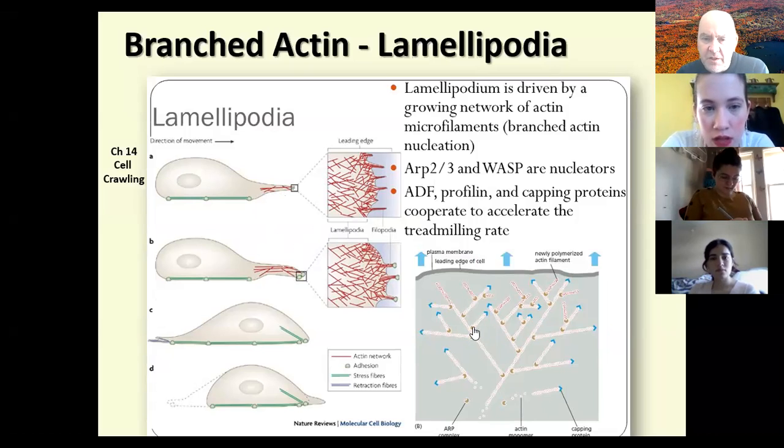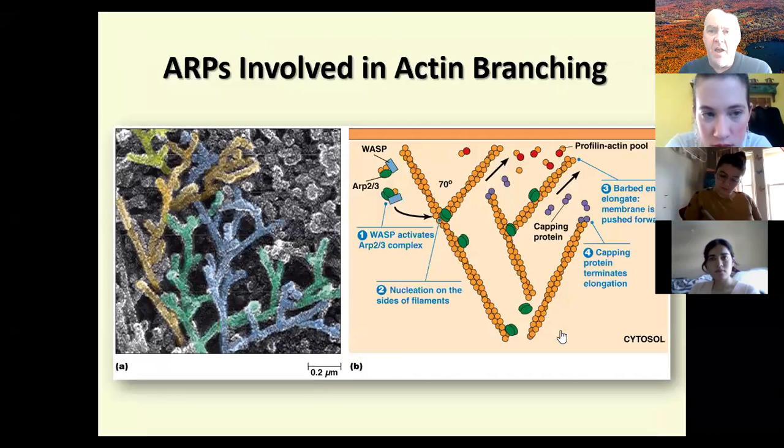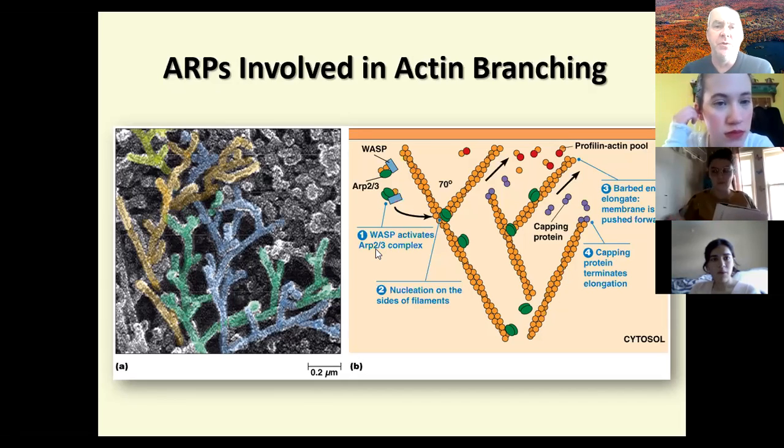Now at every one of these sections, in order to get a new microfilament to grow off of the middle of a chain of microfilament, you need to put a new nucleation point there. And that's what these proteins do, the WASP and ARP2/3 complex. So these are two different proteins that are always bound together, ARP2 and 3.